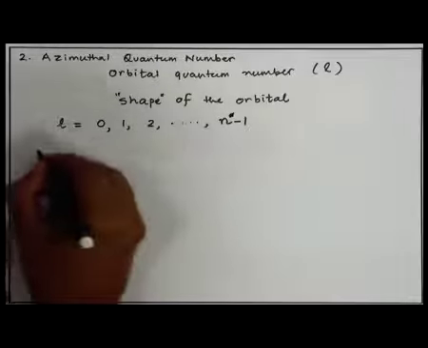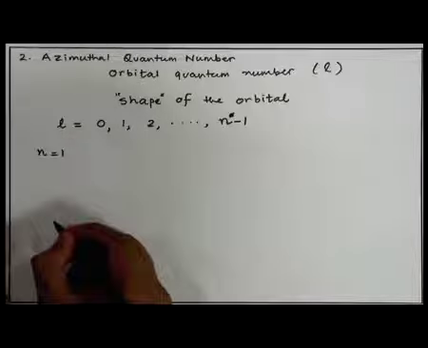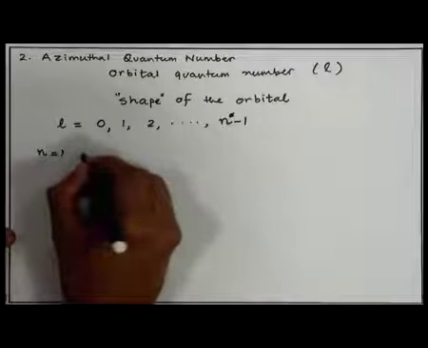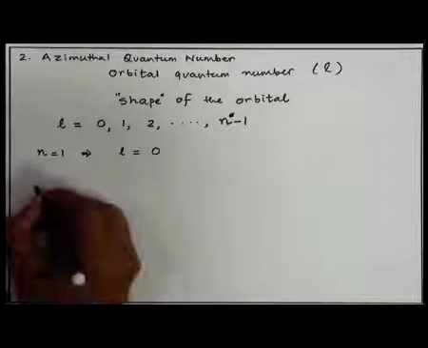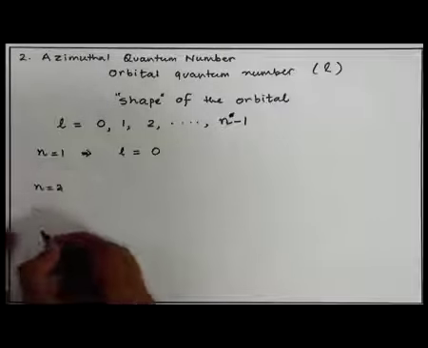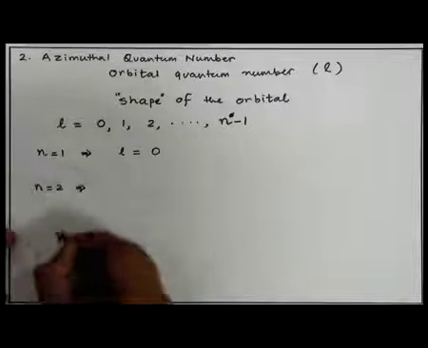I will take this example. If n is 1, what are the possible values of L? L can be only one value, that is 1 minus 1, 0. If n is 2, what are the possible values of L?